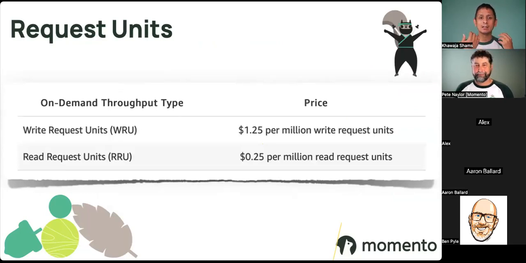But for a write capacity unit, you can pay $1.25 to write 1 million items into DynamoDB. Doesn't matter if they are 1 byte or 1 kilobyte. Now, if you're writing 2 kilobytes, it's $2.50 per million writes, because each write will incur 2 write capacity units. And you'll notice that the reads are 1/5 the price.